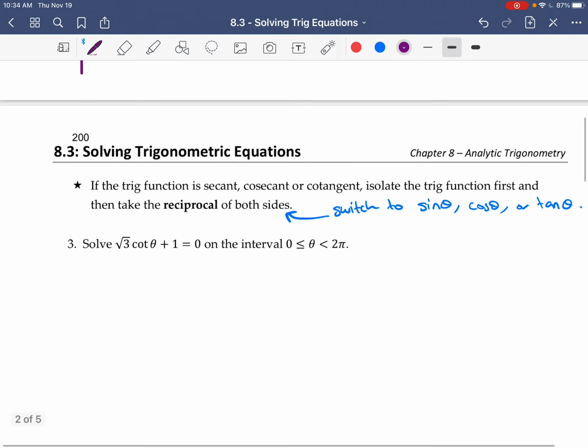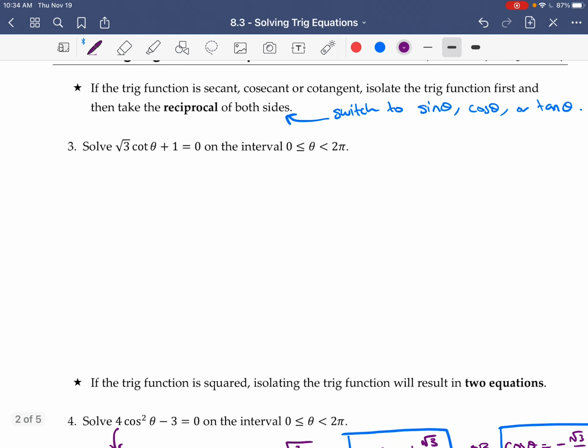Okay, let's try another one. So here our equation is in terms of cotan. So we're going to solve for cotan. So we have cotan theta is negative 1/√3. Now I want to switch to tangent. So cotan is 1/tan.